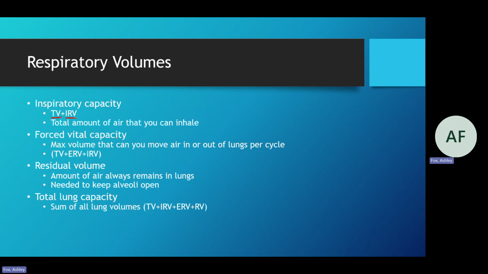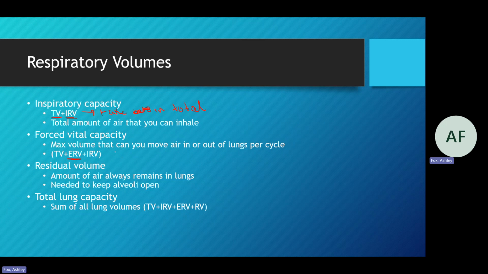Your forced vital capacity includes your expiratory reserve volume. So inspiratory capacity is just how much you can take in total. Forced vital capacity is how much you can take in total and how much you can get out.